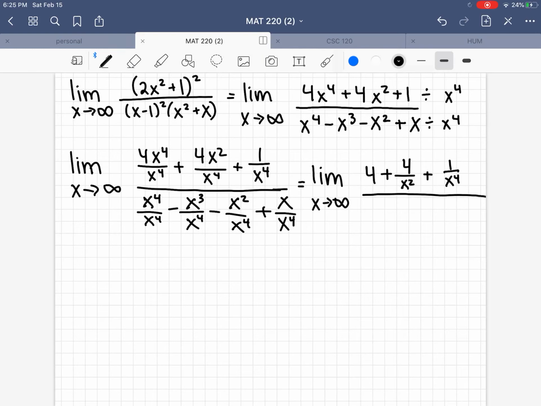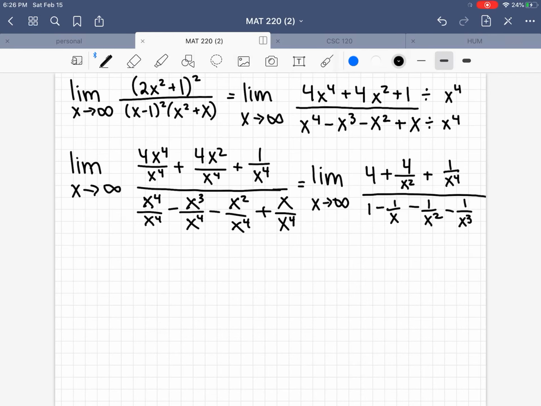And that's all over the x to the 4th here ends up canceling out to just be 1 minus 1 over x minus 1 over x squared minus 1 over x cubed. So again, this here is just the result of us dividing by that x to the fourth.